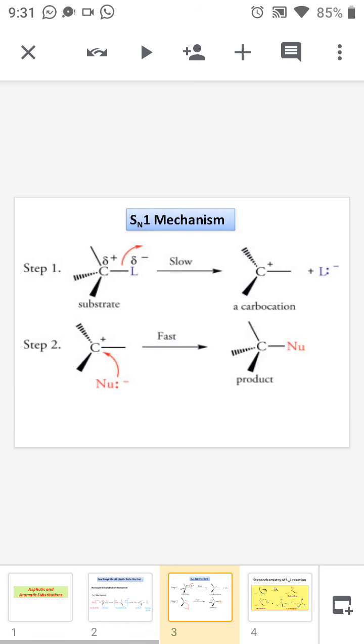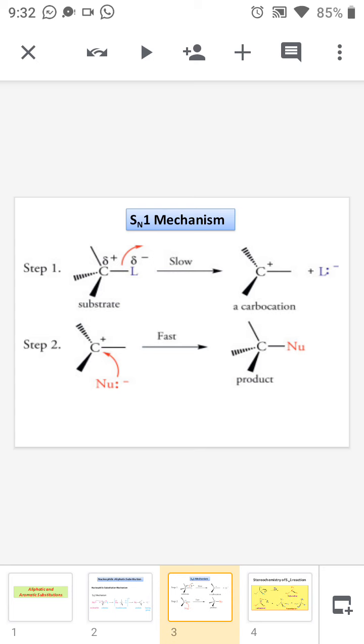Now we are moving into the SN1 mechanism. We know that the SN1 mechanism undergoes through two steps. First step is the formation of the carbocation, in which, as the nucleophile approaches the substrate, first of all the leaving group will liberate from the carbon to form a carbocation, and this is a very slow step.